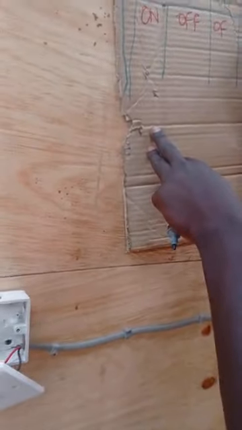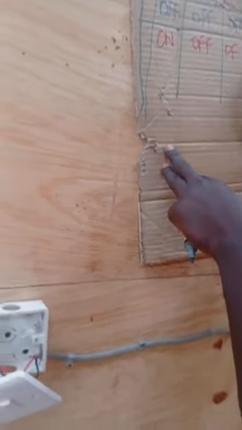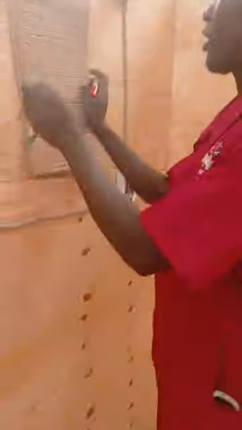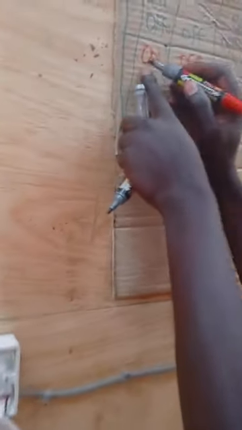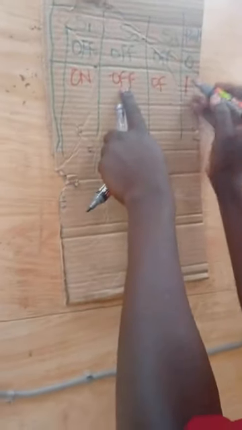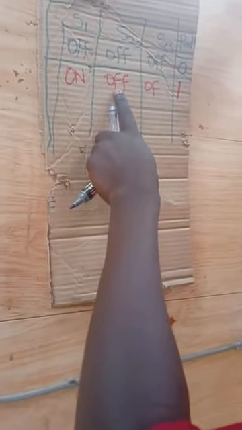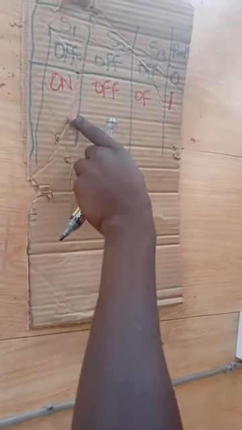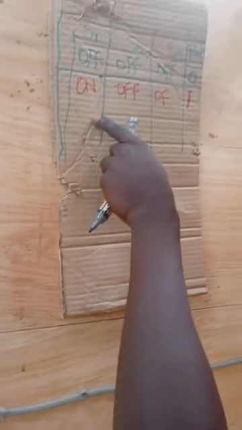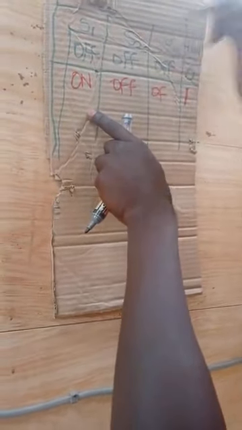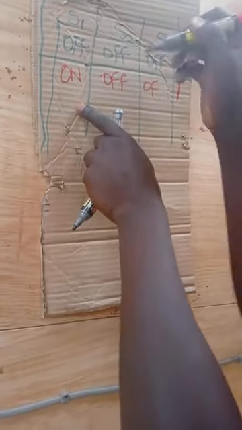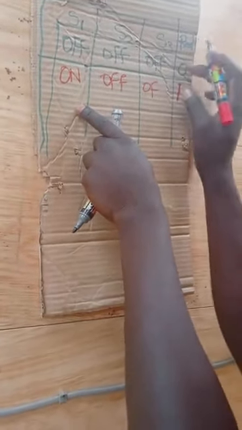We shall have 1. If switch 1 is on and the two switches are off, we shall have power, meaning these two lamps will light. We are going to look at the practical bit of it, confirm, and also get the reason why, when all the three switches are off, it will give us power.